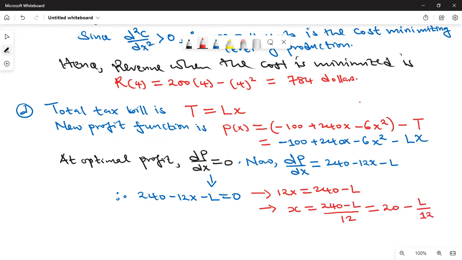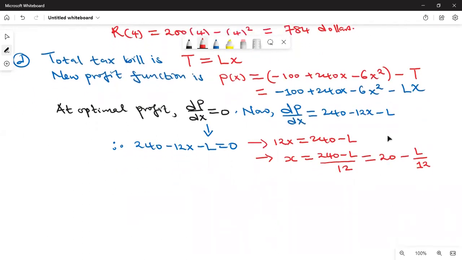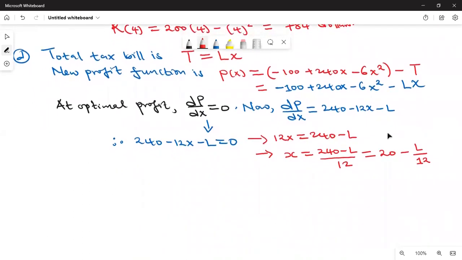This is the new profit maximizing level of production. So it is 20 minus L over 12. Of course, that will give you the maximum profit.